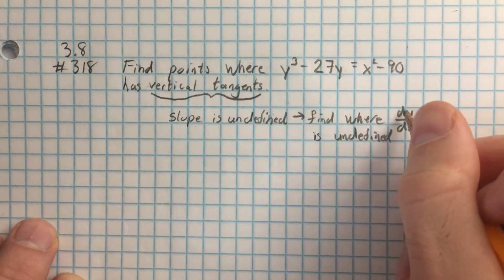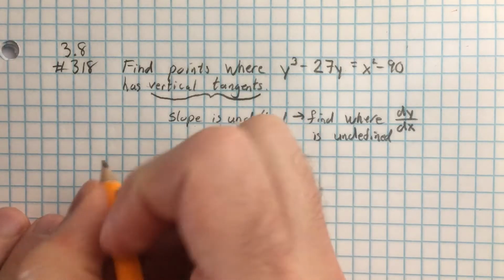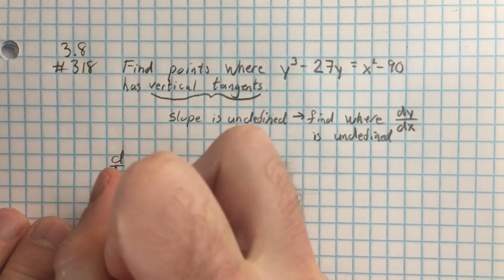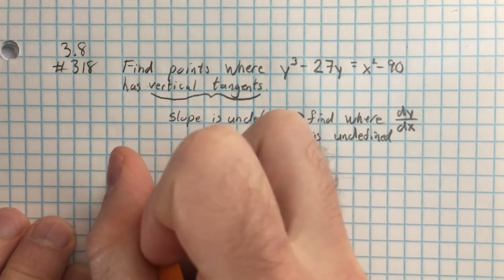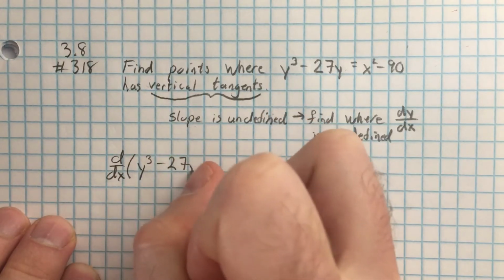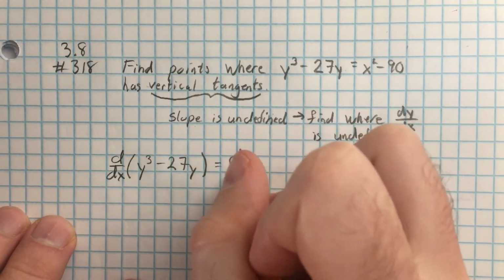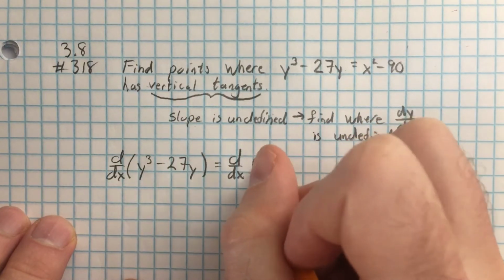Okay, so we need to use d dx to get the derivative of this curve. And then we'll see where it doesn't exist. So apply d dx to both sides of this equation. Y cubed minus 27y, and that's equal to the derivative operator applied to x squared minus 90.